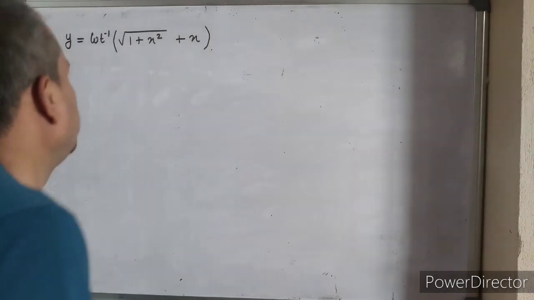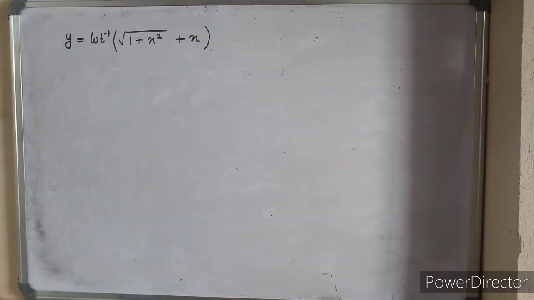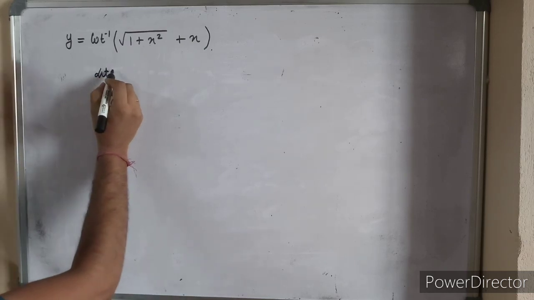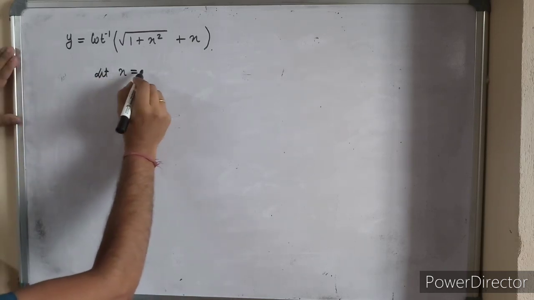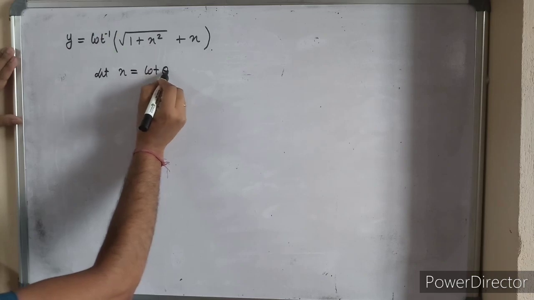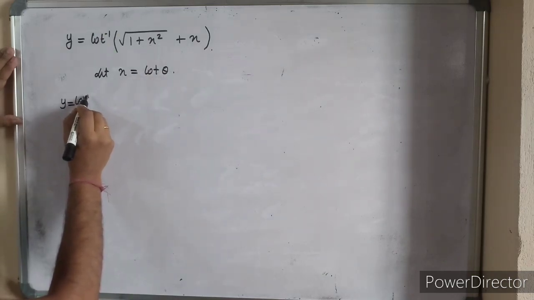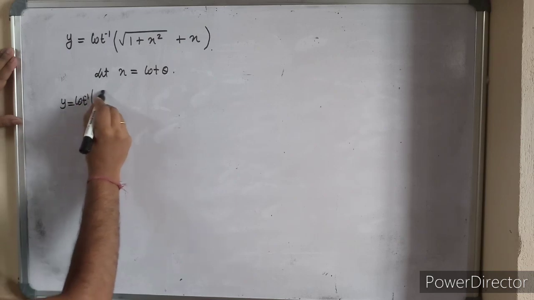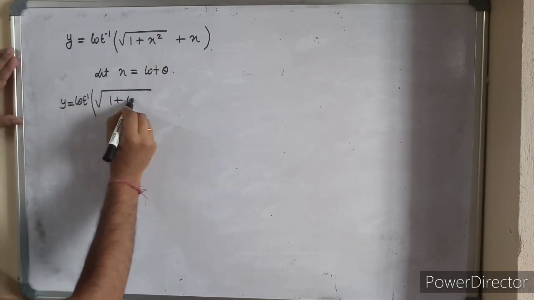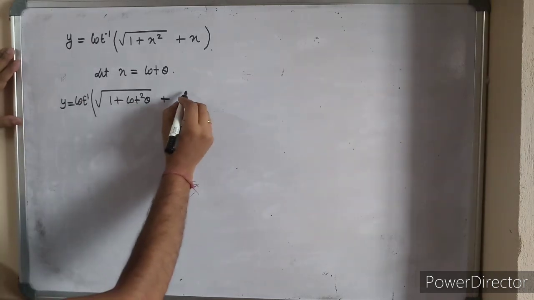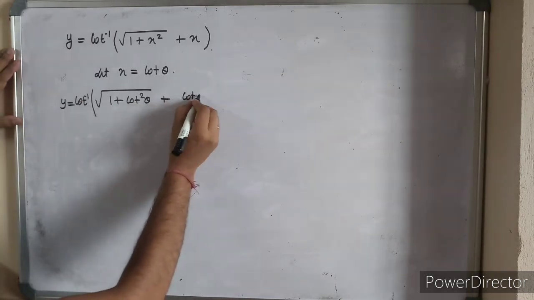Now y is equal to cot inverse of under root 1 plus x square plus x. For these functions I'll consider, let x equal to cot theta. Then y is equal to cot inverse of under root 1 plus cot square theta plus cot theta.